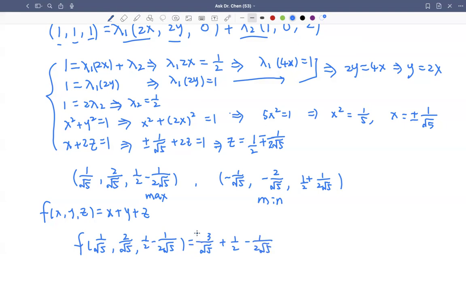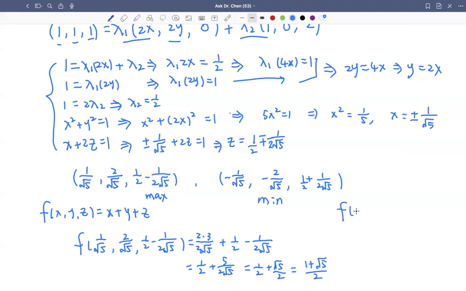We can multiply 2 over 2 here to have a common denominator. Then we have a half, plus 2 times 3, 6, 6 minus 1, 5, so 5 over 2 radical 5. We can simplify this to half plus half square root of 5, or write it as 1 plus square root of 5 divided by 2.